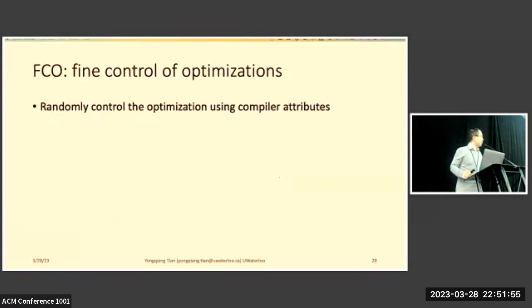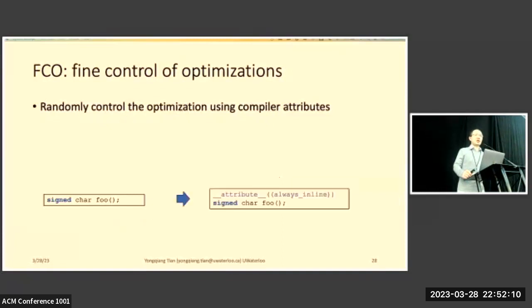Our last mutation operator is called FCO, file control of the optimizations. We randomly control the compilers. For example, given a function like foo here, we can insert some compiler attributes to tell the compiler to always inline these functions. By doing so, we can comprehensively assess the optimization logic in compilers.